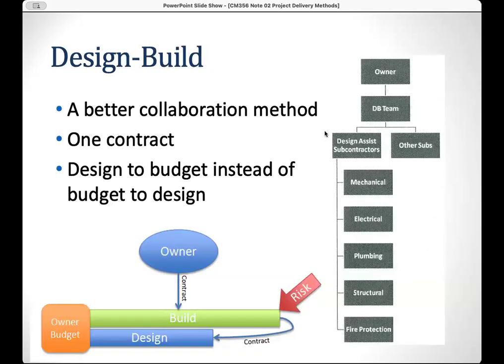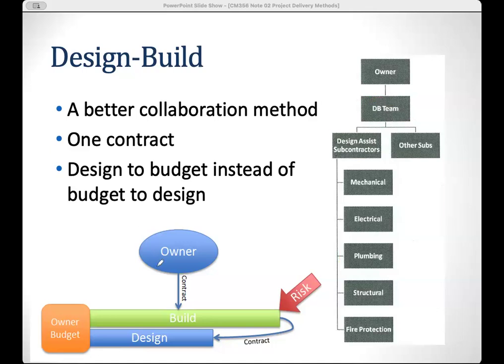The next one we're going to see is design-build. Design-build is a collaborative method. You only see one contract between the owner and the DB team, and then the DB team may have its design subcontract and also some other subcontracts to finish the construction, right?